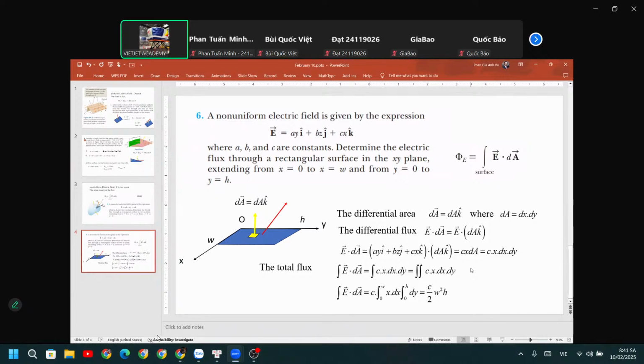Okay, please come back to the class. You see that the area here given in this problem is flat, right? But the electric field isn't uniform, so you have to calculate the integral.